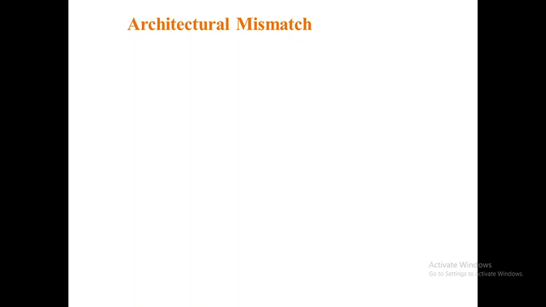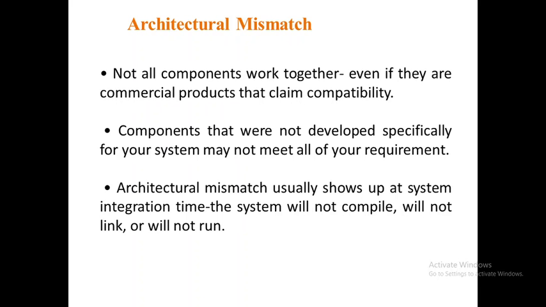So there are some mismatches. Even though the components are developed ready to use, all the components may not fit your requirements. Just as I have given the bike tire example, all the tires may not match with your bike requirements. So you need to go for a compatibility list.